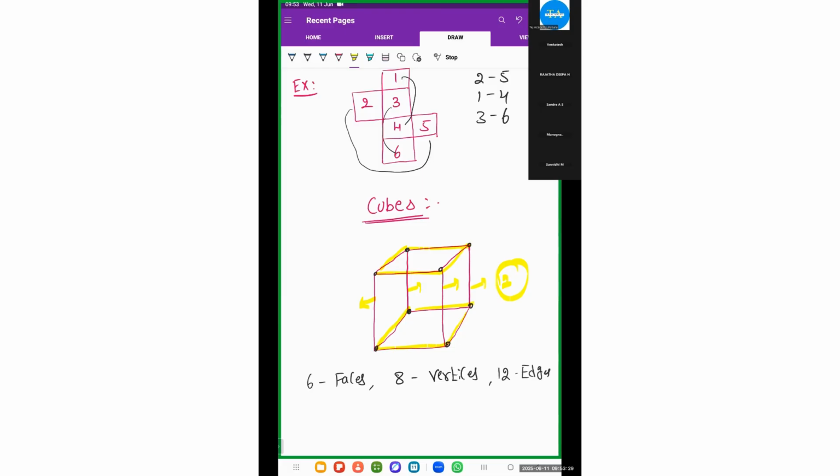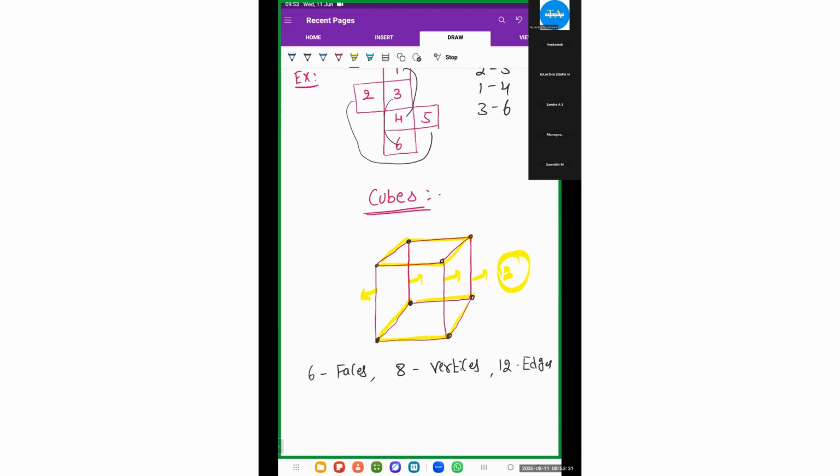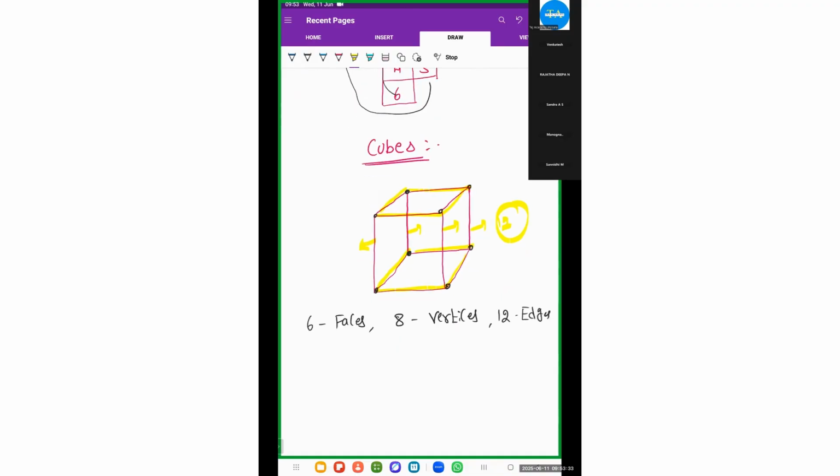Now my question is, if I completely color the top and the bottom, then in the rest, how many faces are uncolored?